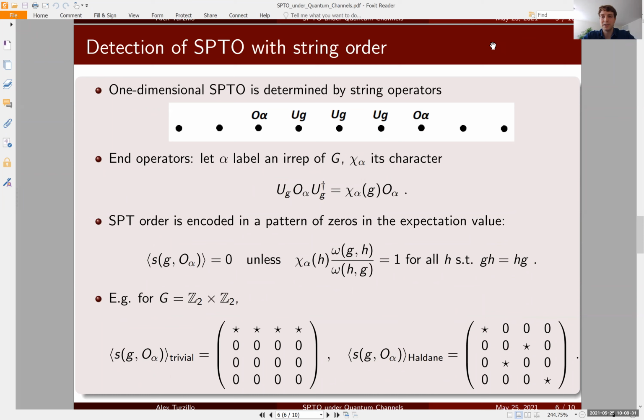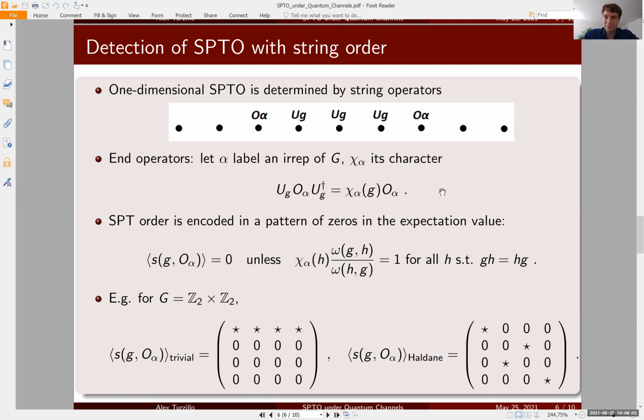It is a bunch of U_Gs, the action of the symmetry on a long string. And at the end of that string are operators O_alpha. The end operators O_alpha satisfy this condition that I've written in the second equation. O_alpha commutes with the symmetry G up to some phase, and that phase is the character of the representation labeled by alpha.